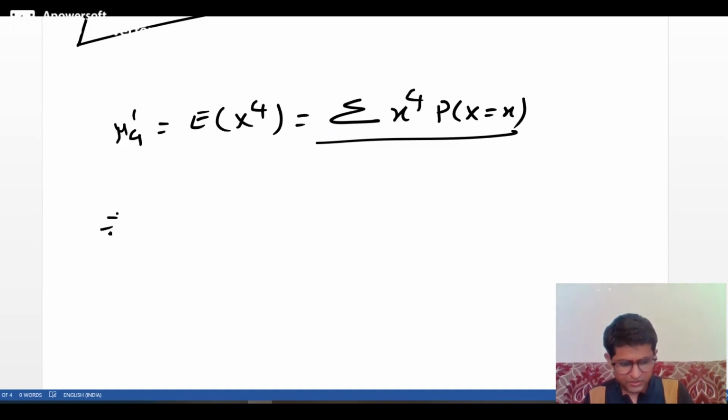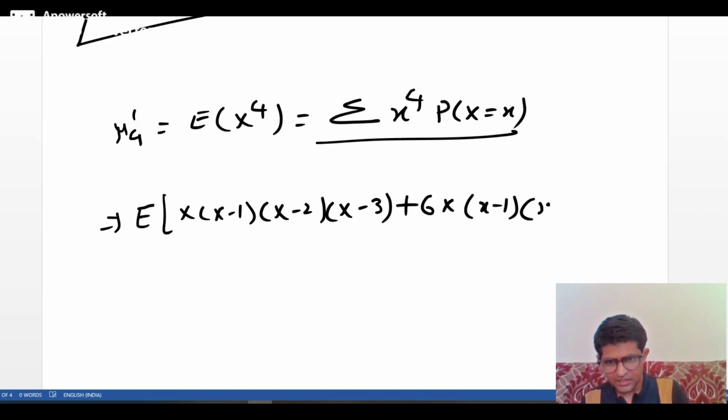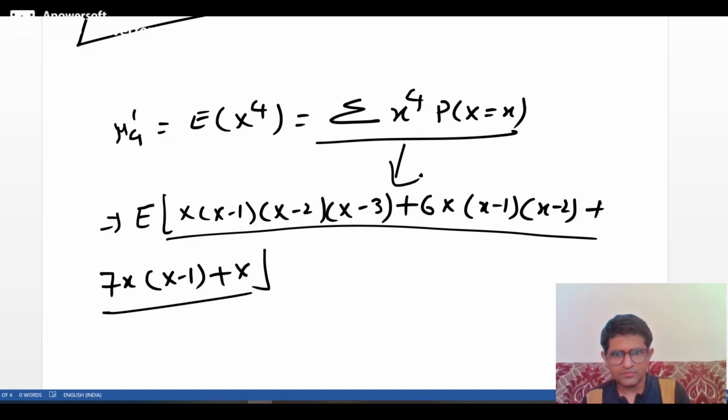You may also write expectation of x4 like this: x(x minus 1)(x minus 2)(x minus 3) plus 6x(x minus 1)(x minus 2) plus 7x(x minus 1) plus x. This is the whole expression of x4.